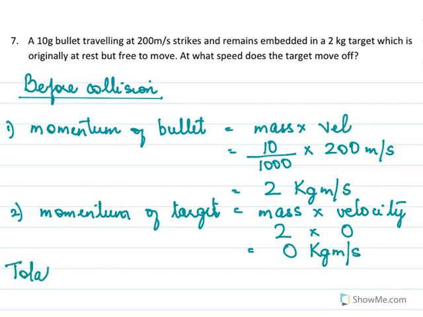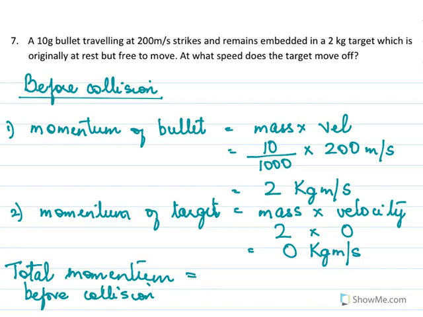Now total momentum before impact, that is before firing or before collision, will be momentum of the bullet, I'll just put it as P of bullet, plus momentum of target.